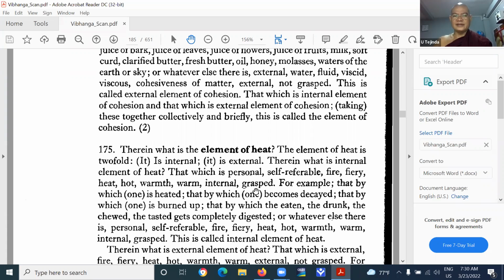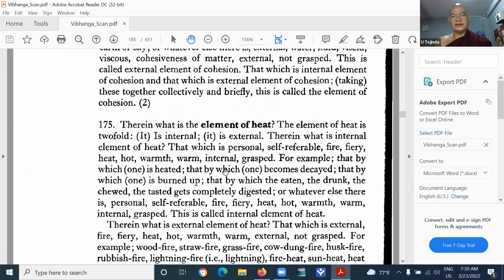Any ajada here, the Buddha used the word upadena. Upadena does not mean like other upadena here. Upadena means ajada.